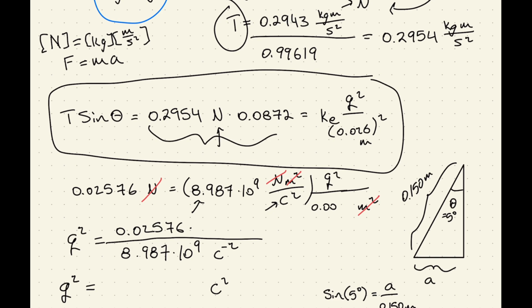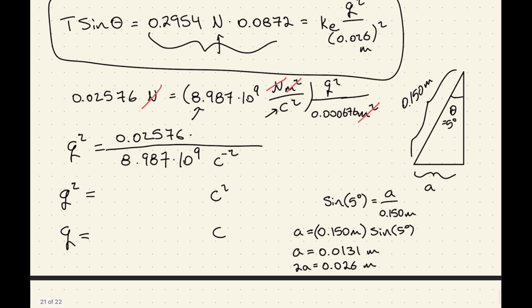This is how you can fix mistakes, by just following through with them. So we multiply that on this side, 0.000676.